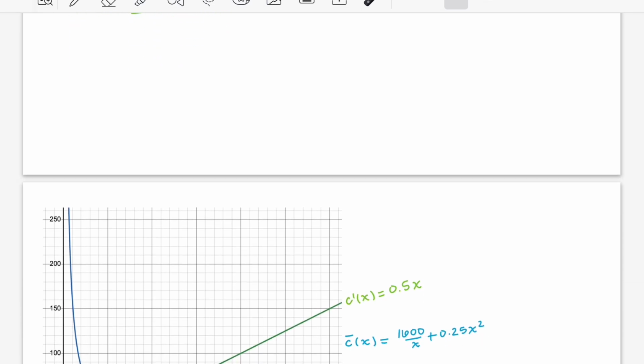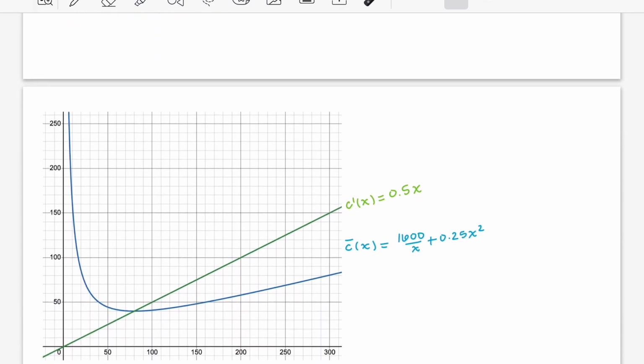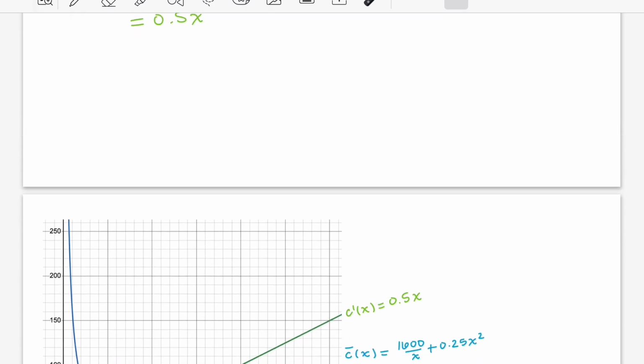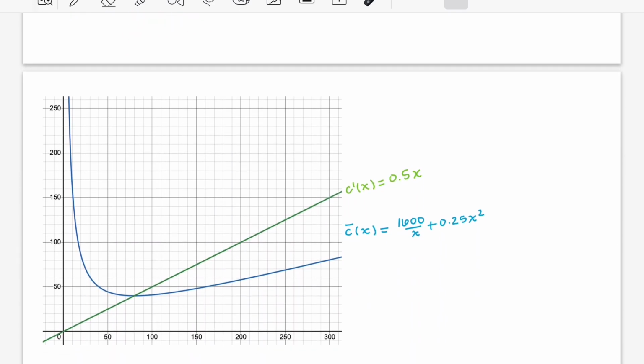So down here, I have the graph of our average cost function, this blue curve, and then the graph of our marginal cost, which we said was just a line here. Okay. And so we can graph these by following the graphing strategy that we've been doing, but just in the interest of time, I've provided the graphs here. But we can follow that strategy for a minute.